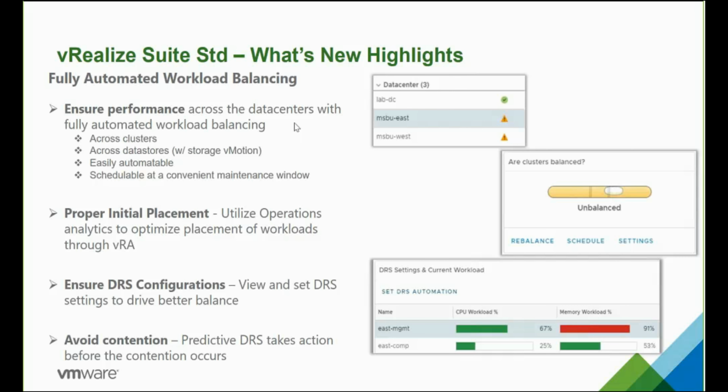That's a powerful story because on day 0, you would know the best place to put that virtual machine, so that this new VM does not impact other existing VMs and is not impacted by resource contention itself. That's a pretty powerful feature for somebody who's using VRA in their environments.